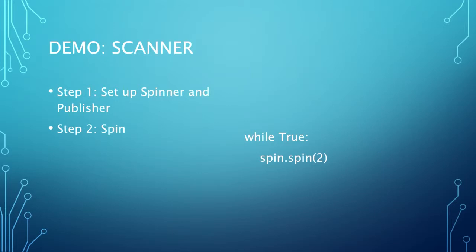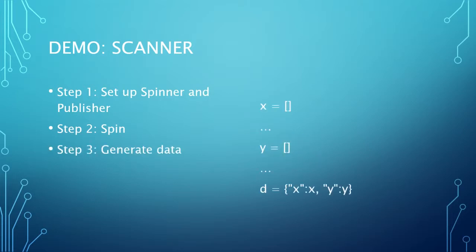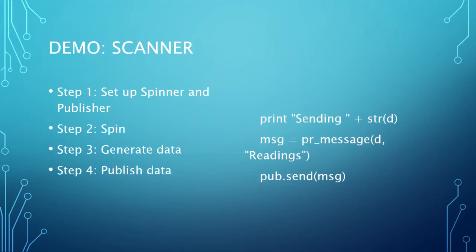This is a very simple call to the spin object. Third, we generate the data. Since we're using dummy data, we should merely do this in any manner possible. Finally, we encode the data in a message and publish it.